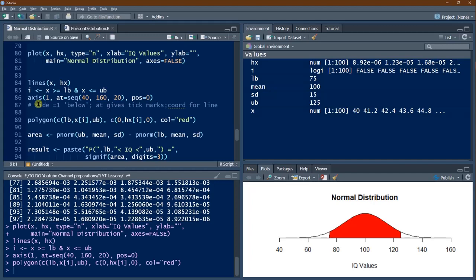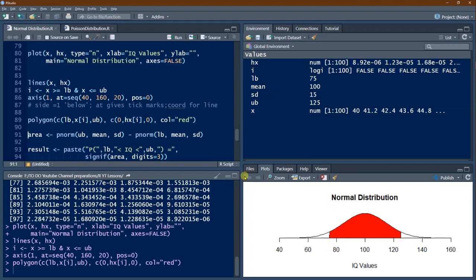Similarly for y coordinates I am giving 0, that is in the lower bound we are starting at 0 here, and then similarly y values keep increasing as per dnorm, and which are available in the hx. So height of the ordinates which we already calculated, and those are nothing but the points on the curve. Again in the upper bound when we are reaching, we are taking x value as 0, y value is also 0, and color is red.